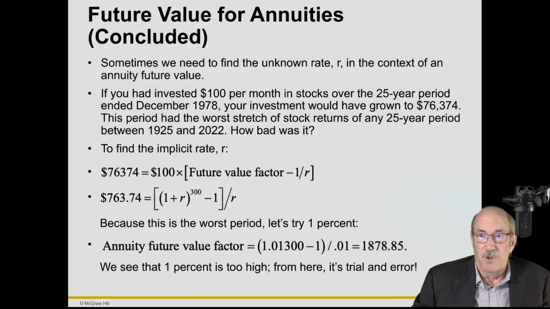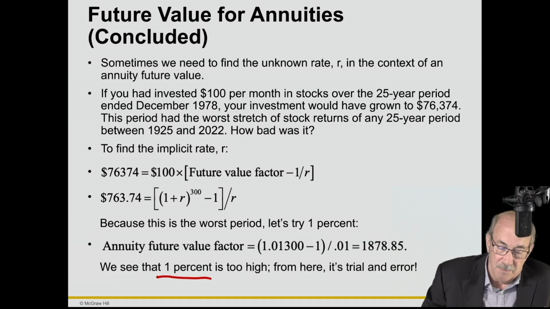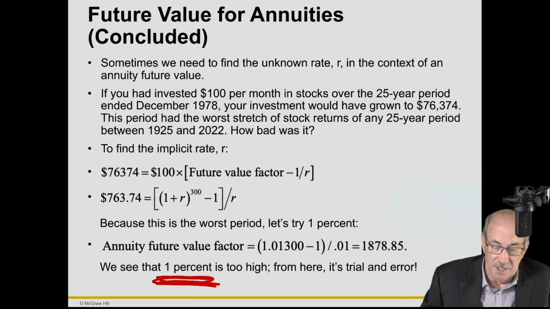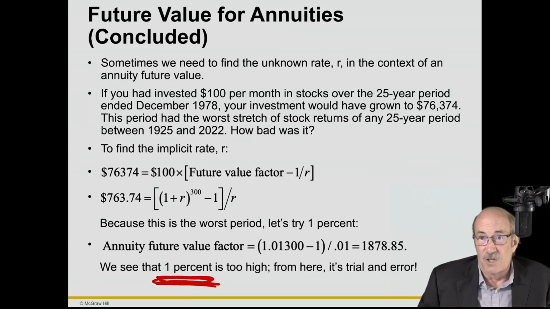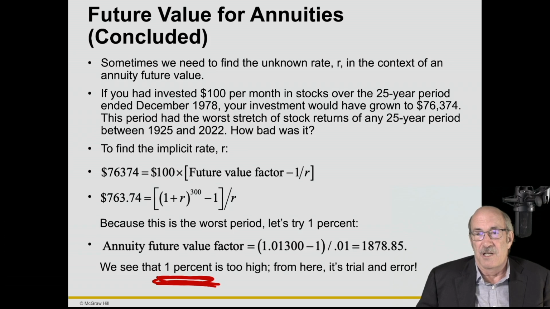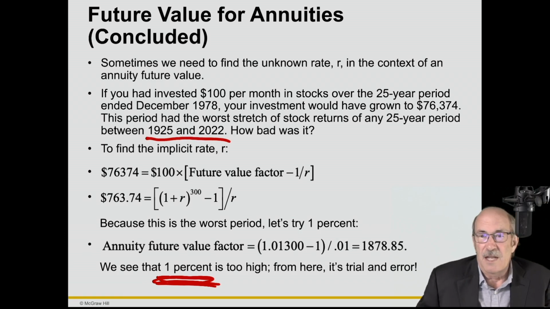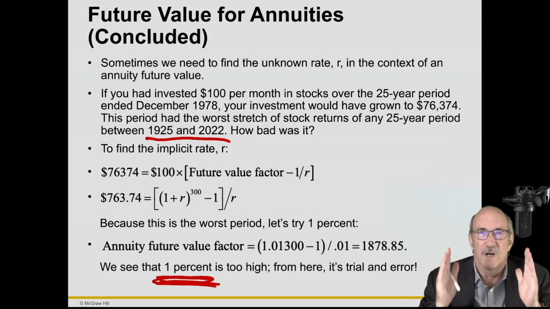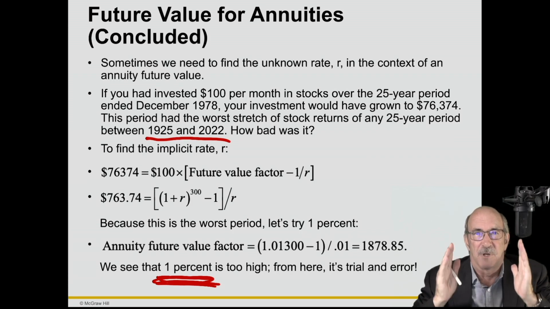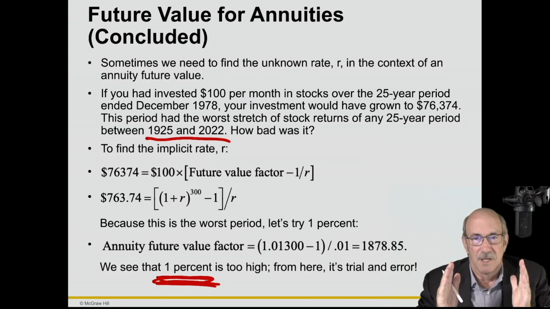In this example, they're looking for a rate of return. They don't actually end up calculating it for us. They just tell us that it's less than 1% monthly. And there's also some interesting information embedded in here from a historical perspective: if you look over the period from 1925 to 2022, and you look at 25-year spans of time, contiguous spans of time.